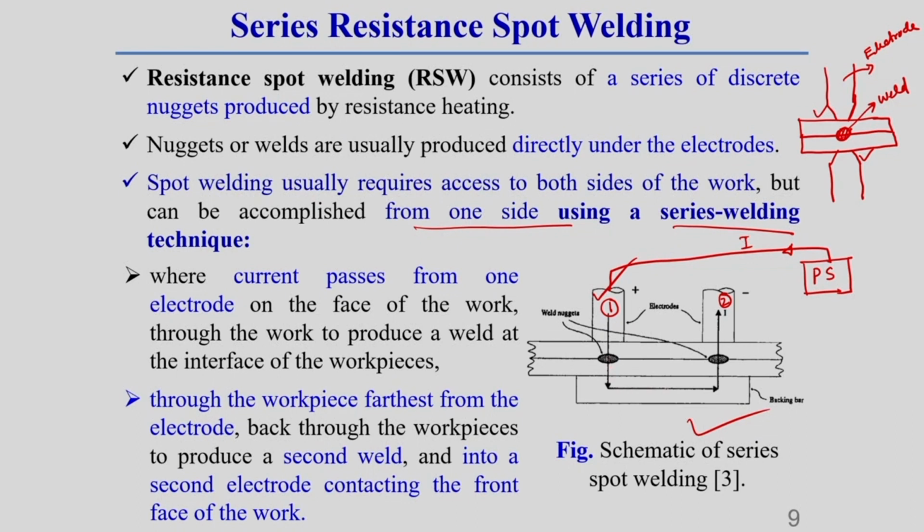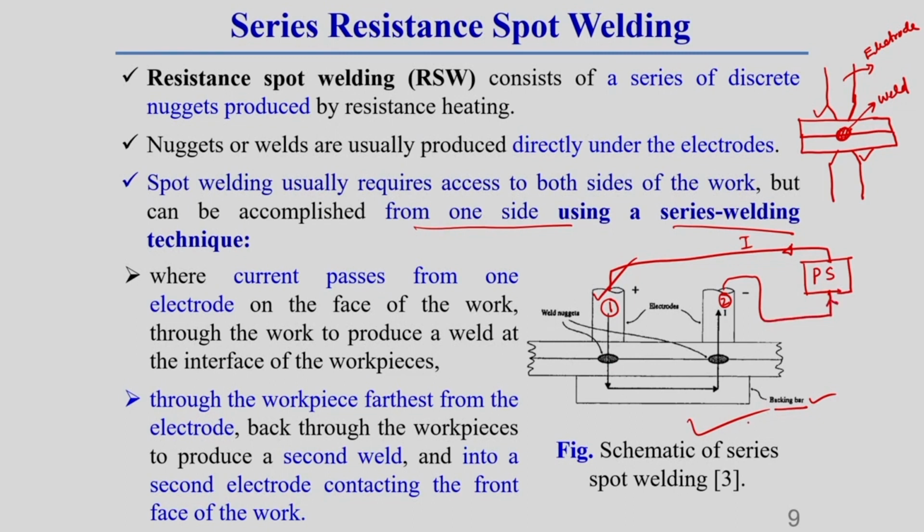After that, the current goes through a backing bar, or sometimes a backing bar is not required, and the current flows through the lower workpiece itself. So current passes from the electrode to the workpiece, then to the backing bar, then again to the workpiece, and returns to the other electrode. After that, it comes back to the power source.